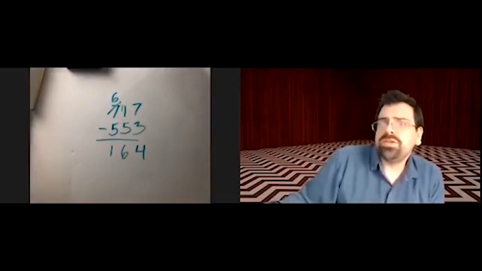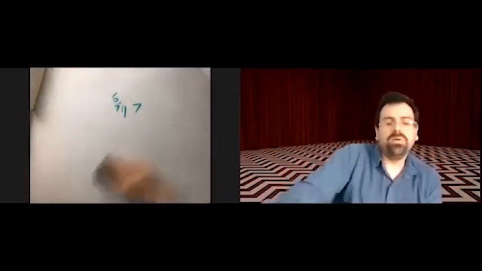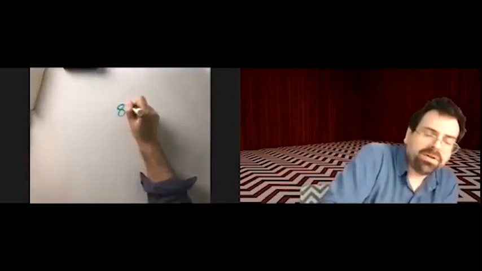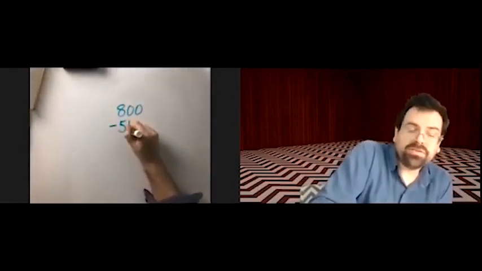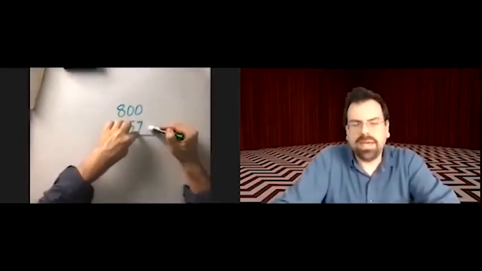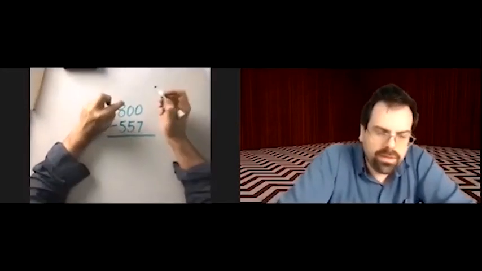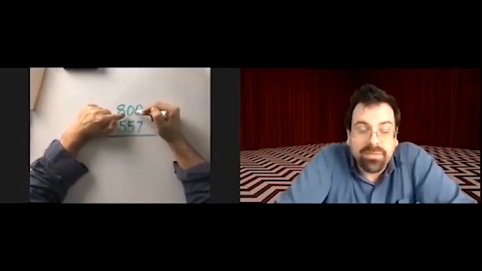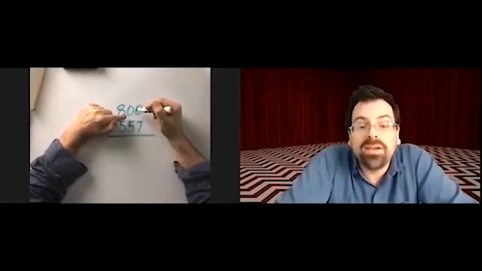So the next wrench is going to come in when we borrow from a 0, something that happens in this problem. 800 minus 557. Okay, so 0 minus 7, we can't do it. Normally, we would take 1 away from what's to the left, but it's already a 0. We can't take 1 away from that.